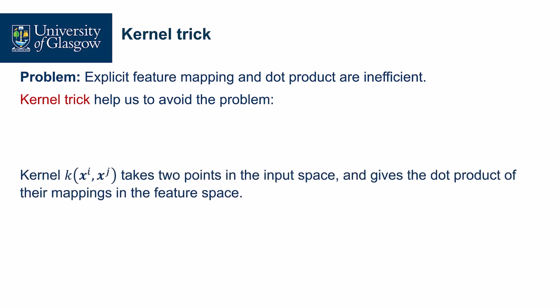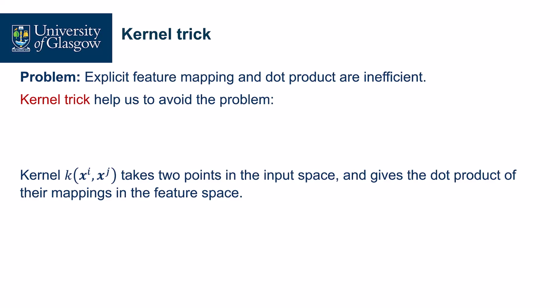This function, k(xi, xj), takes two points in the input space, not the feature space. However, by applying this function, we get the dot product of their mappings in the feature space. And under some conditions, we are guaranteed that such a kernel function exists.